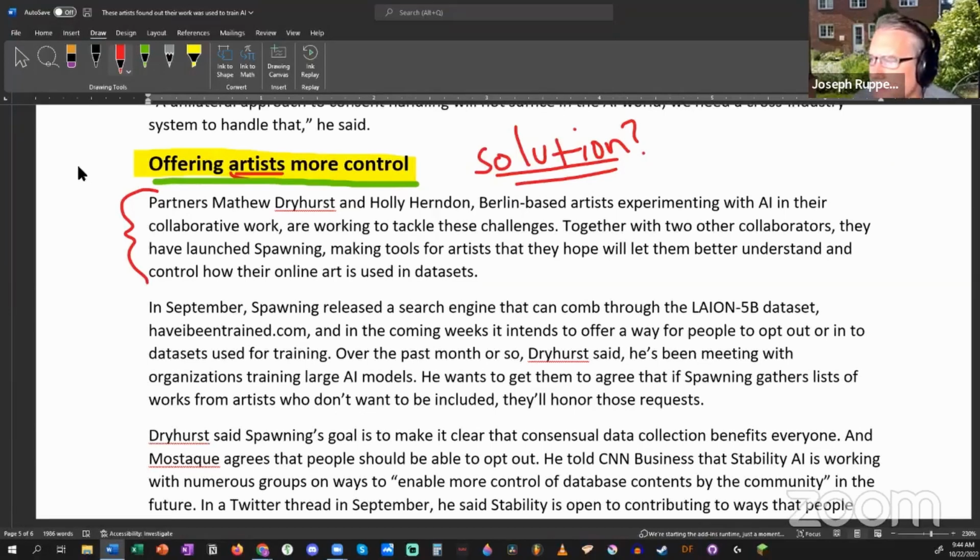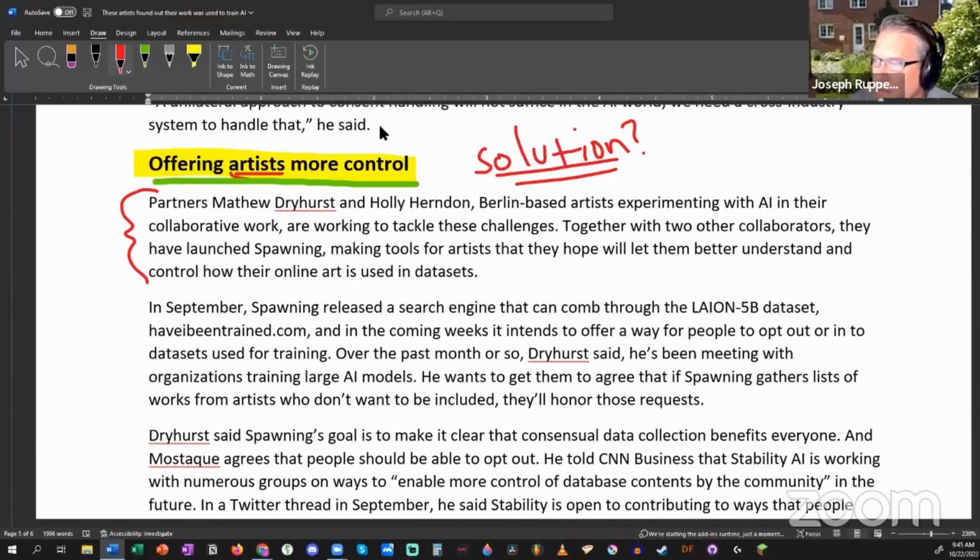Partners Matthew Dryhurst and Holly Herndon, Berlin-based artists experimenting with AI in their collaborative work, are working to tackle these challenges. Together with two other collaborators, they have launched Spawning, making tools for artists that they hope will let them better understand and control how their online art is used in databases.